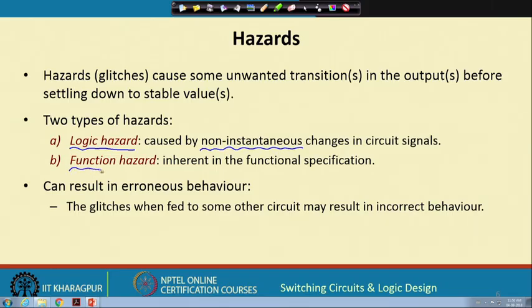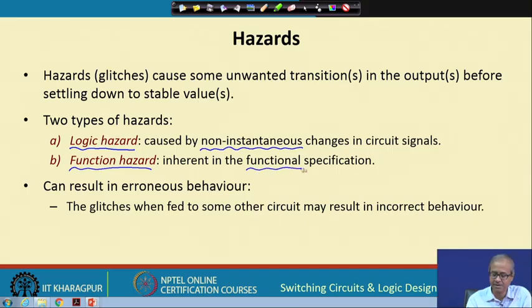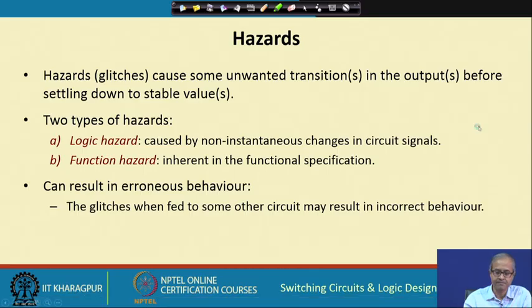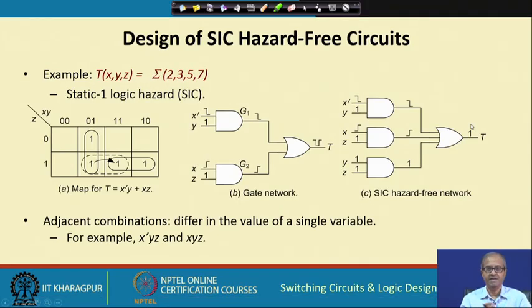And in general, there can be function hazards which do not depend that much on the delay of the gates, but they depend on the functional specification themselves. But hazards in general, as I said, can result in erroneous behavior. The glitches may be fed to some other circuit that can lead to errors.